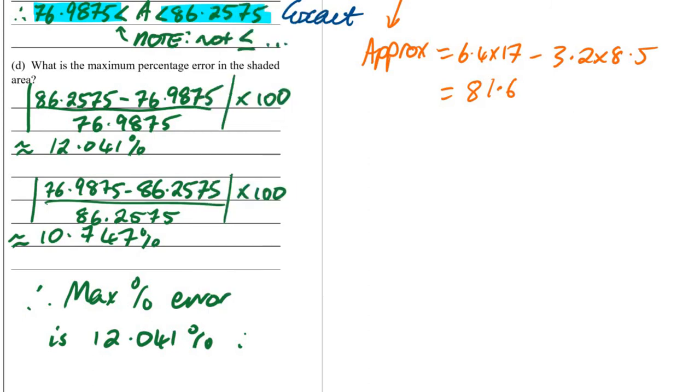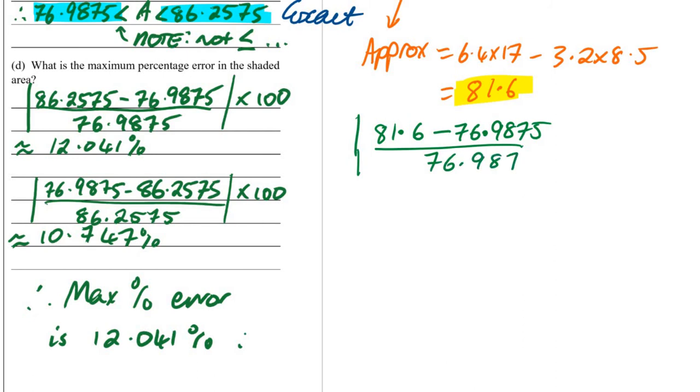Alright, so when I do these maximum percentage error calculations, then what I actually need to do is the approximate 81.6 minus the exact, and I need to do the same for the other bound, treating the other bound as the exact.